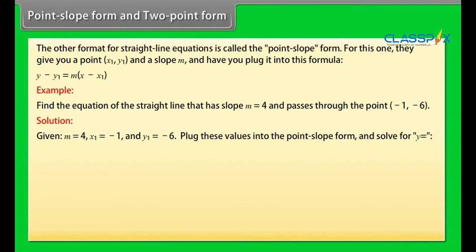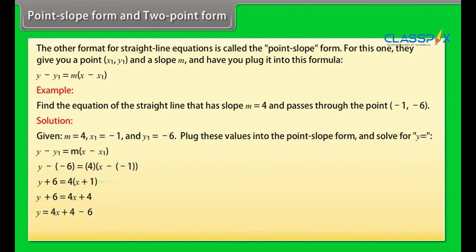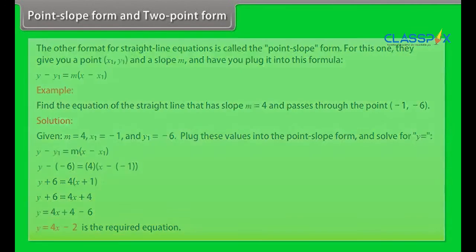Plug these values into the point slope form, y minus y1 is equal to m into (x minus x1). Substituting the values and solving for y, we get y is equal to 4x minus 2, which is the required equation.